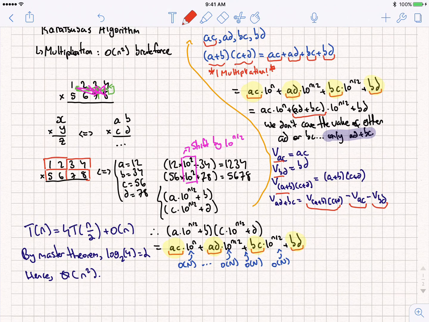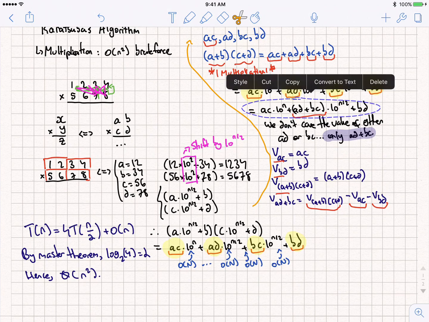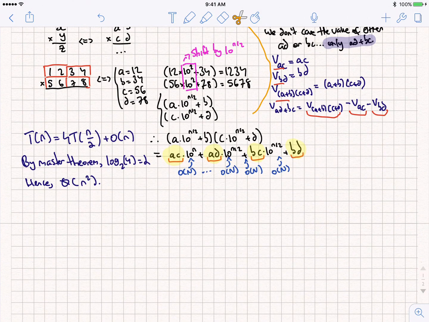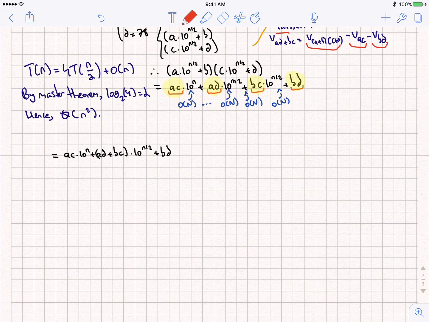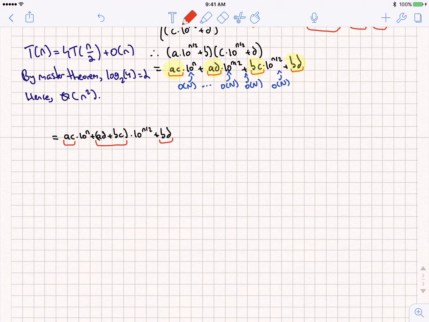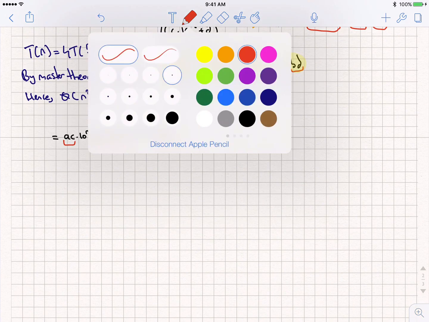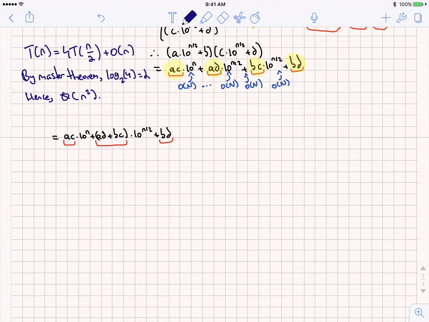Okay, so let's see what this actually means. If we copy this over here, we have our expression down here. And we can easily calculate the values of this and this using only 3 calls. So now our recurrence relation looks something like this.